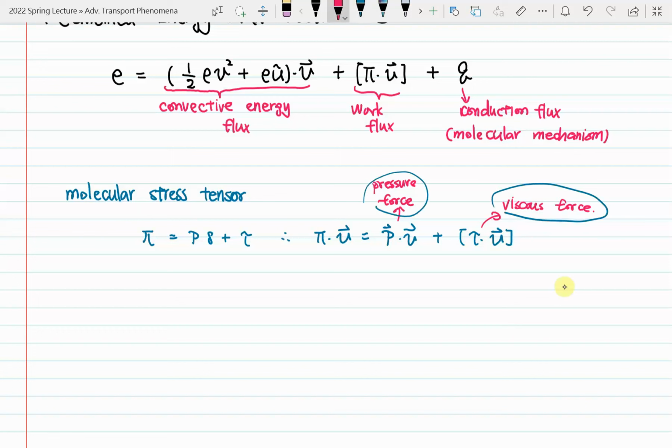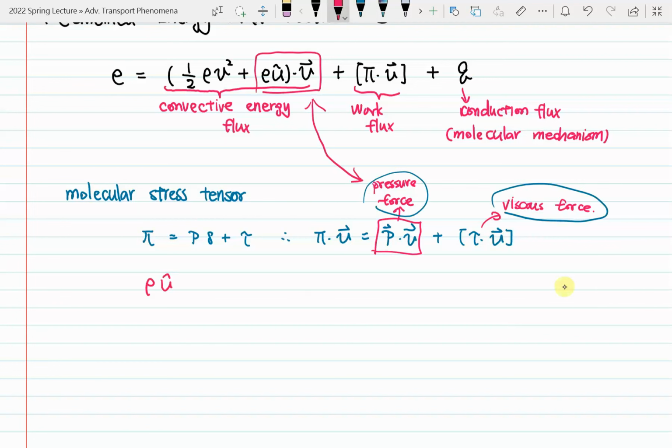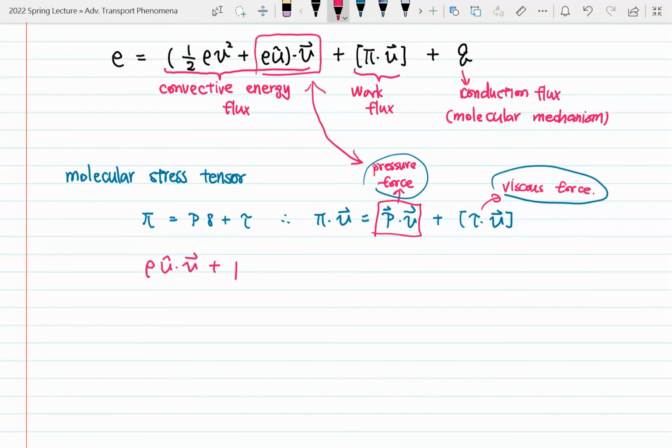If we combine the pressure force here with the internal energy term, what we get is rho u plus p v. Based on thermodynamics, this u plus pv is the definition of enthalpy.